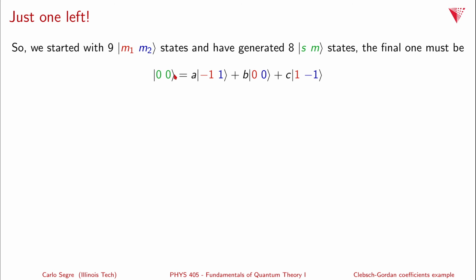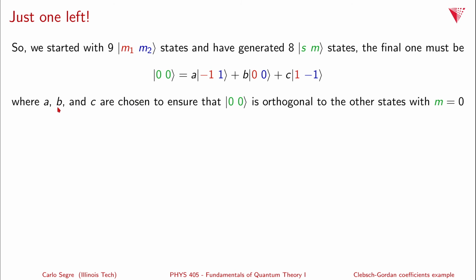That must be the linear combination of the 3 states that give you m1 plus m2 equal to 0, and it must be orthogonal to the other 2 states. And remember, A, B, and C are chosen to ensure that the state |0, 0⟩ is orthogonal to the other states with m equals 0, that is the |2, 0⟩ and the |1, 0⟩ state.